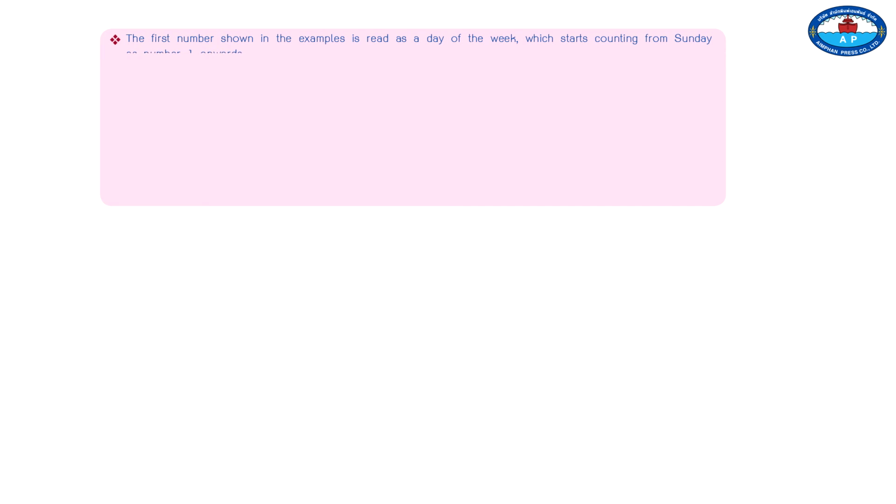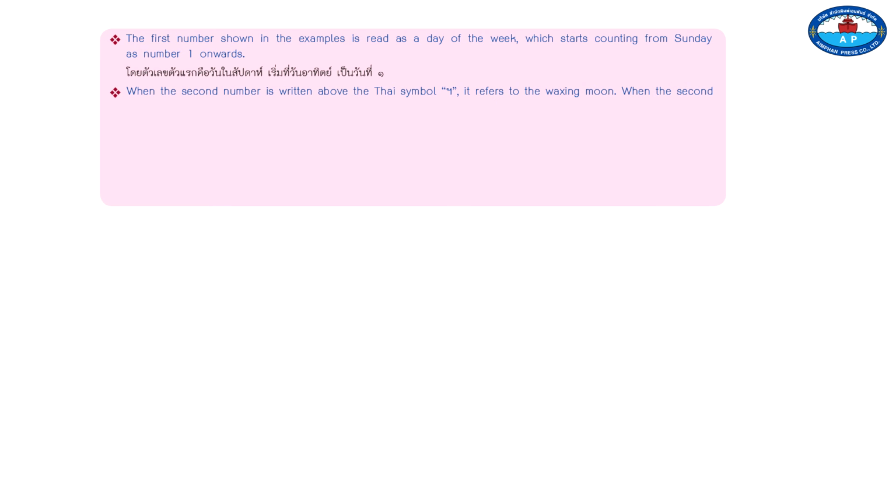The first number shown in the examples is read as a day of the week, which starts counting from Sunday as number 1 onwards. When the second number is written above the Thai symbol Paya Noi, it refers to the waxing moon. When the second number is placed under the symbol, it refers to the waning moon.